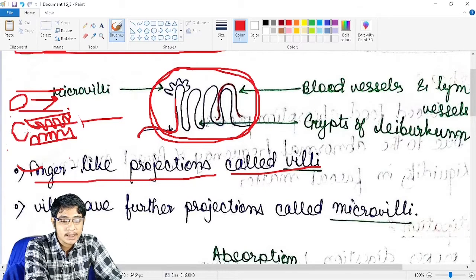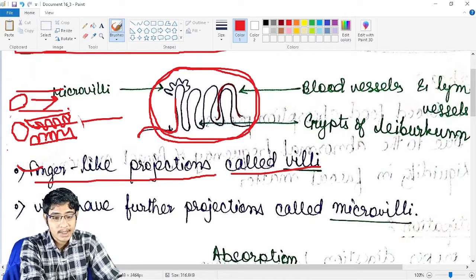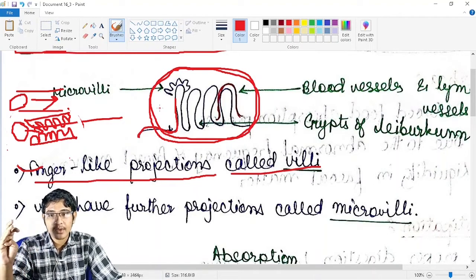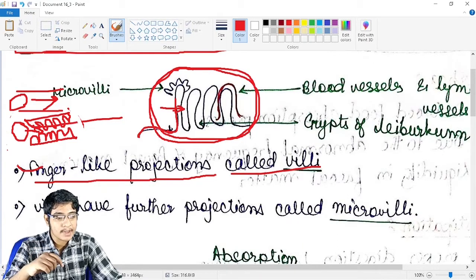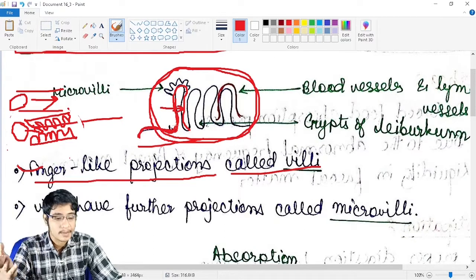But as there are finger-like projections on the walls of the small intestine, the bolus comes here and gets stuck in the finger-like projections, and whenever it is stuck, the nutrients, water molecules, etc., which are essential for our body, get absorbed in these projections, and they increase the surface area. So you can see here, this is a nice, large surface. If it were small, then it would be less surface.